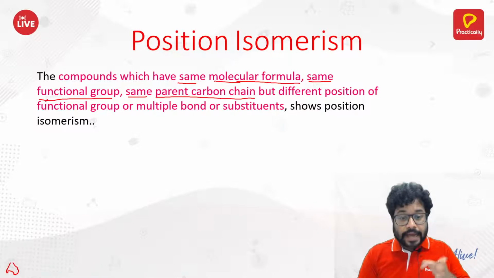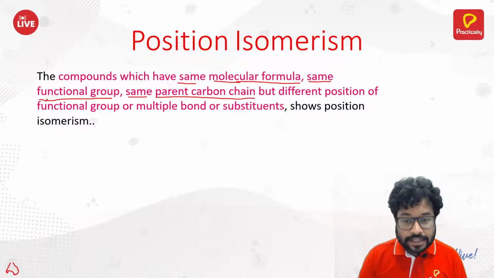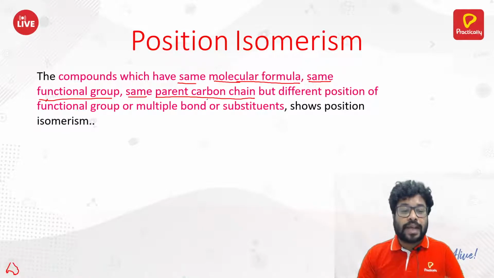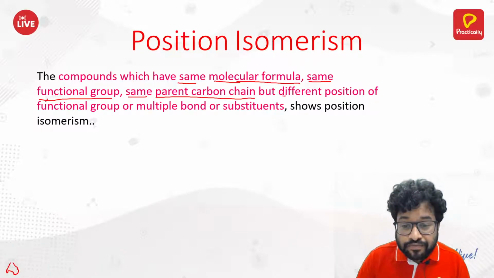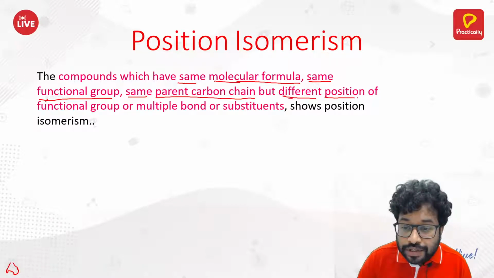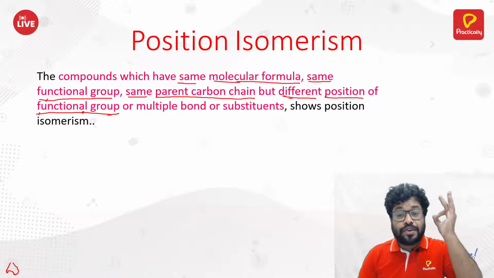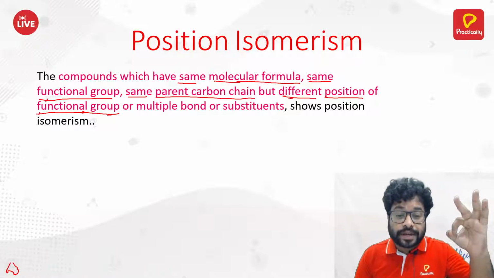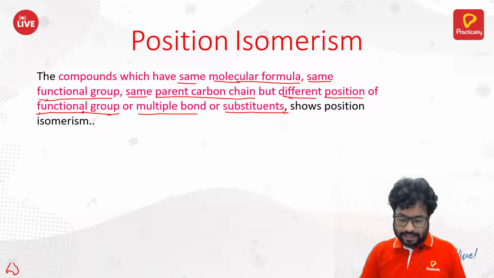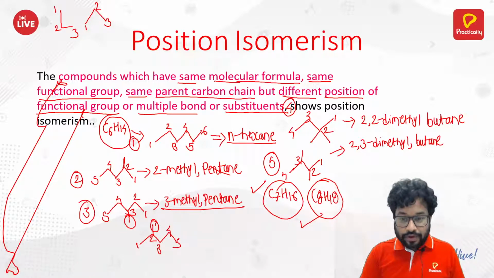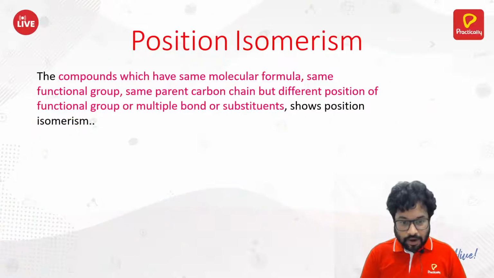Here, the size of your parent carbon chain is the same. Molecular formula is the same. Functional group is the same. Everything is the same, but the positions of the functional group are different. The position of your functional group, or multiple bond or substituent, whatever it is, their positions are going to be different. That is what it is all about.